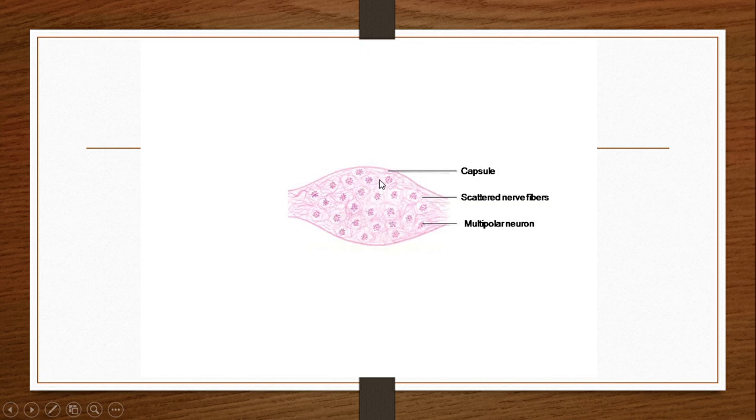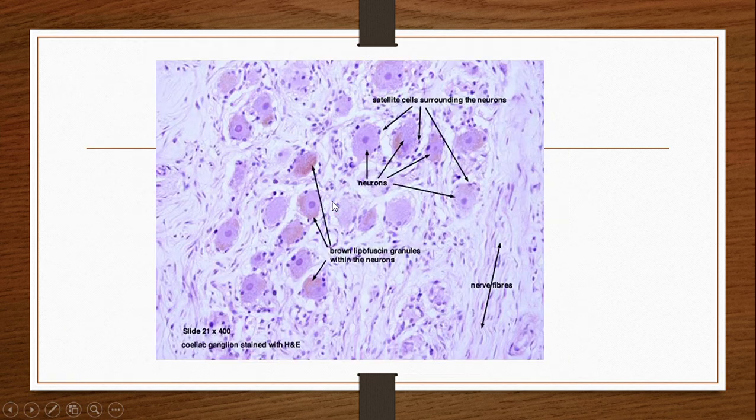This is how it appears under the microscope. We can see here the cell bodies of the neurons in between. There are the nerve fibers, and the nuclei can be seen towards either side, not exactly at the center, so they are eccentrically placed nuclei.